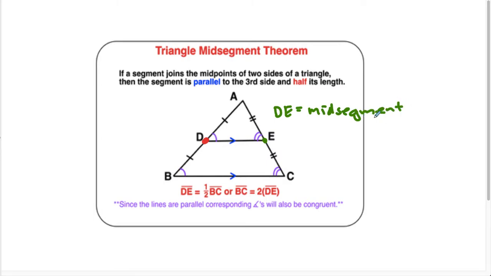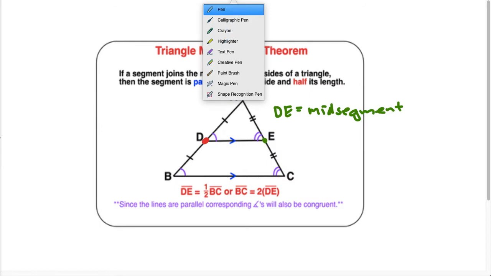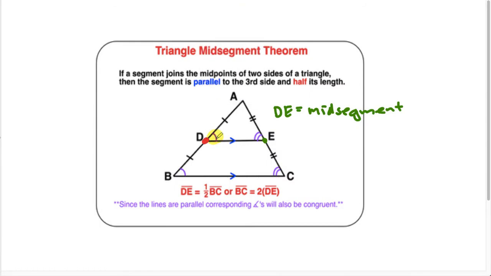What is true about this midsegment is that it is parallel to the third side, which is BC. Okay, so once you have two parallel lines, then we also have corresponding angles that are congruent. So angle ADE, this angle right here, which I'm going to highlight as yellow, is corresponding with angle ABC and is congruent.